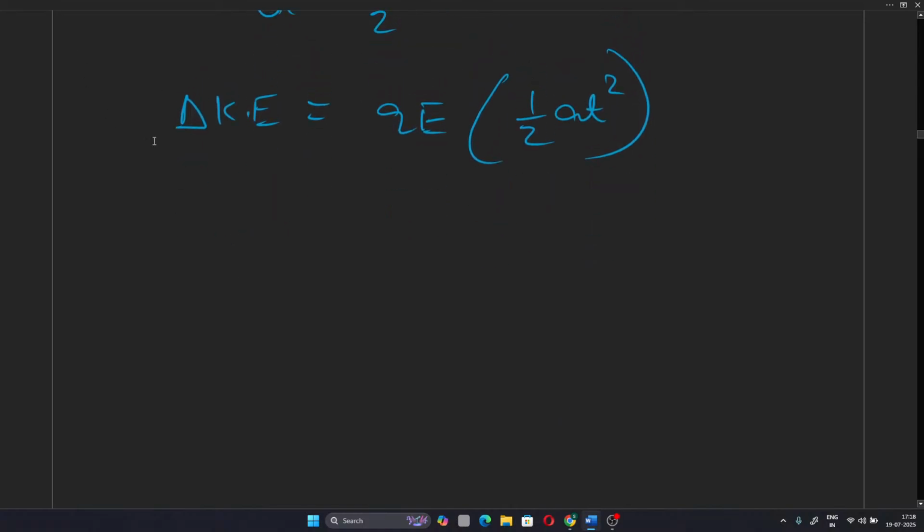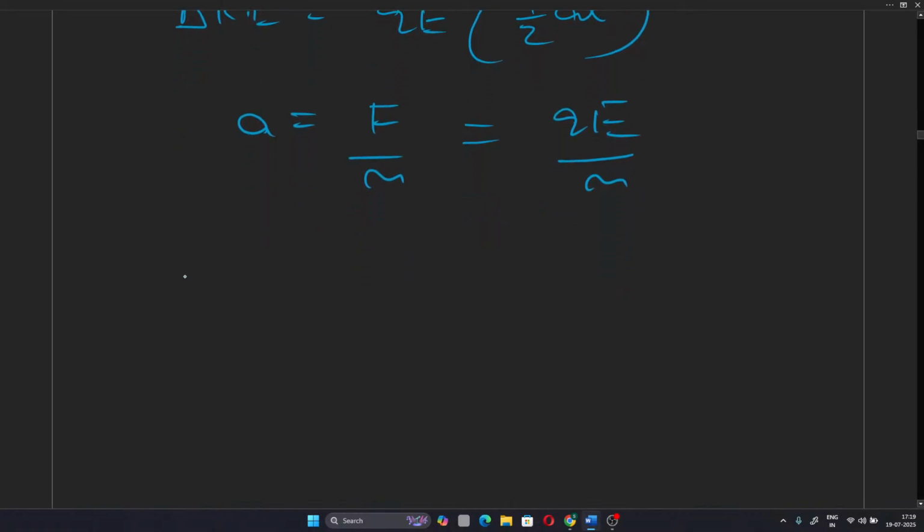We can write acceleration as force by mass, and we can write force as QE by m. So we can substitute in this equation.